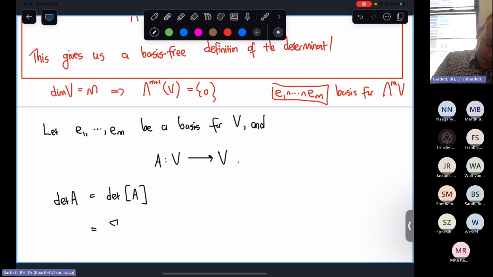It's the sum over all permutations of, let me write it like this. And then you've got the sign in front.